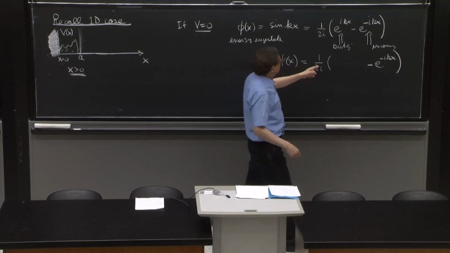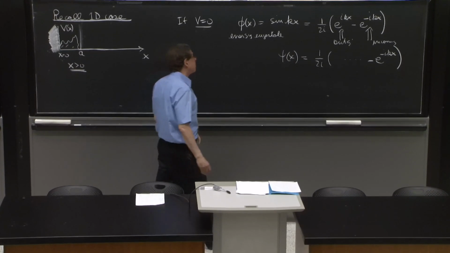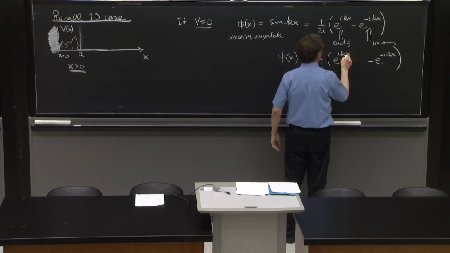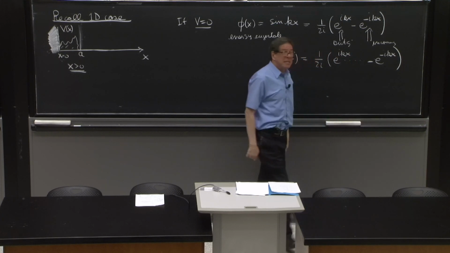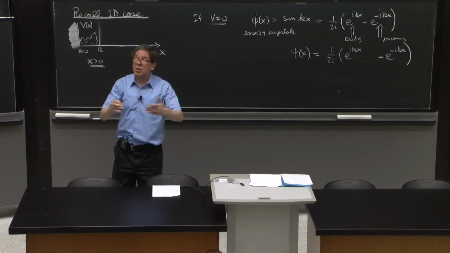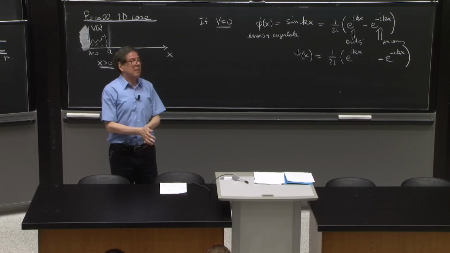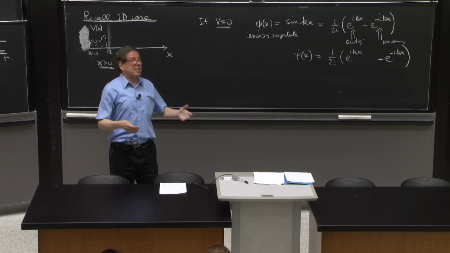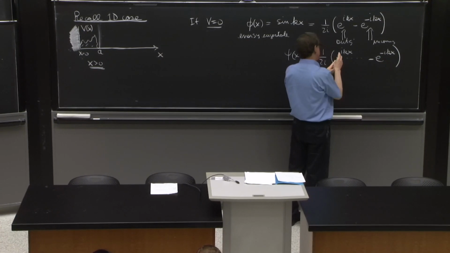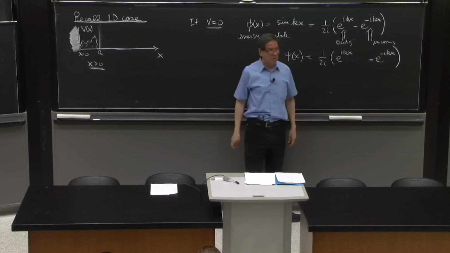So the thing that you have here must be an outgoing wave, e to the I kx, with the same energy, because energy is conserved. We're talking about an energy eigenstate anyway, so it must have the same energy. And it must have the same probability flux as the incoming wave. So the magnitude of this wave and the magnitude of this wave must be the same.